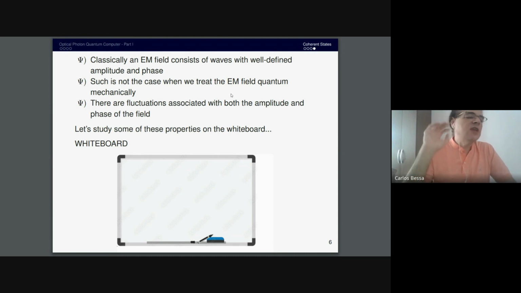We will not see details about the quantization of the electromagnetic field today, because we'll do this in the next topic when we study quantum electrodynamics. So we'll see it in more detail. Today, I will give just a brief idea of how to quantize the electromagnetic field, and then define the coherent states that we are interested in for this optical photon quantum computer.